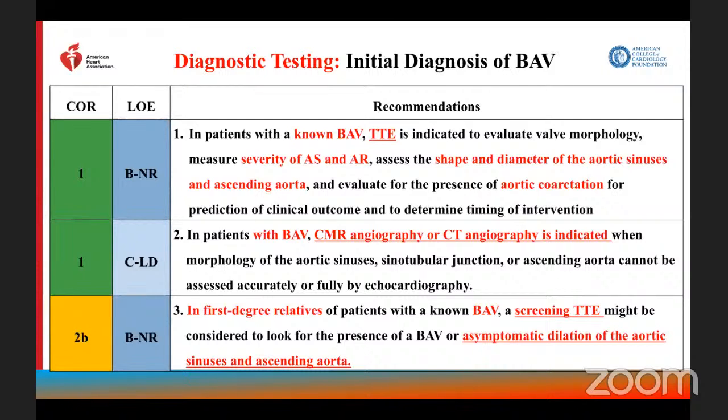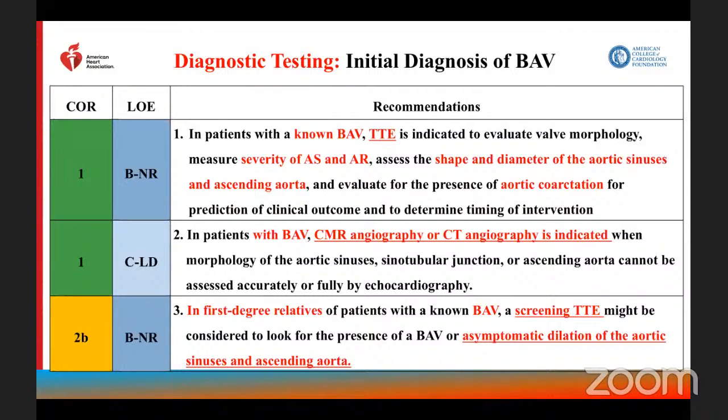In patients with bicuspid aortic valve, cardiac magnetic resonance angiography or CT angiography is indicated when morphology of the aortic sinuses or sinotubular junction or ascending aorta cannot be assessed accurately or fully by echo. It's a class 1C to ask for CT angio or CMR angio if the views in the echo are not accurate.